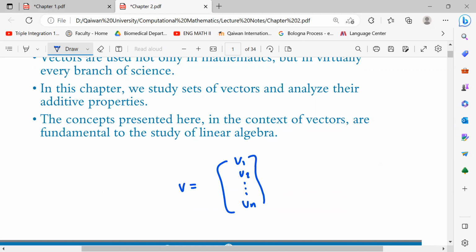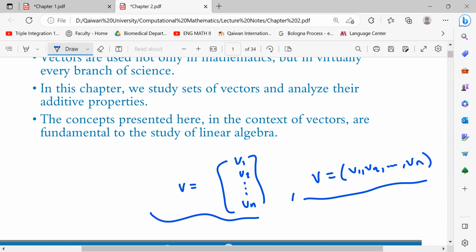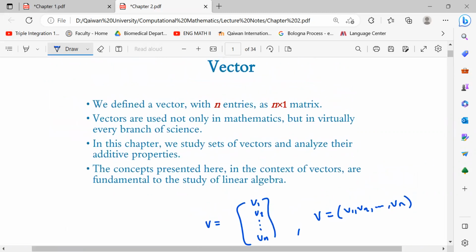Here, V is a vector. It could be represented in this form, or also in this form. We have these two forms to represent a vector.